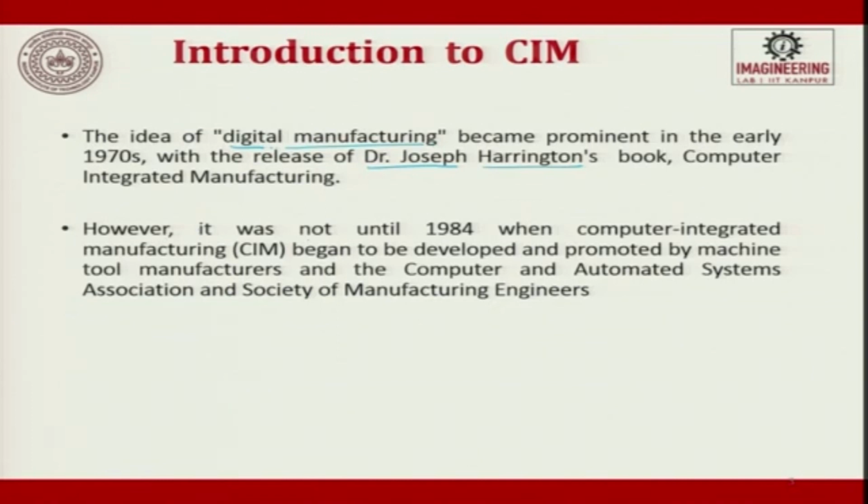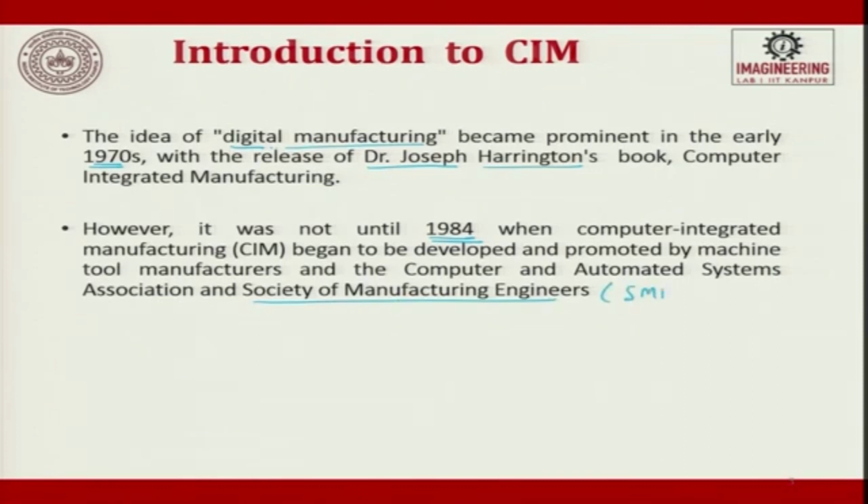However, it was between 1970 and 1984 that computer integrated manufacturing began to develop and be promoted by machine tool manufacturers, the Computer and Automated System Association and the Society of Manufacturing Engineers.